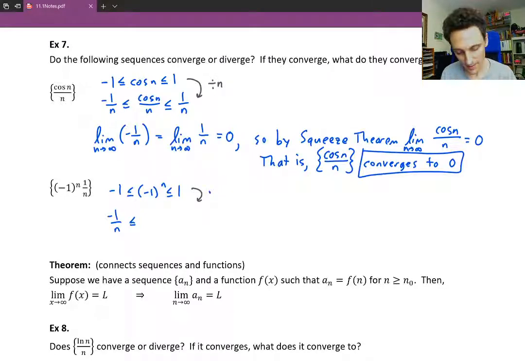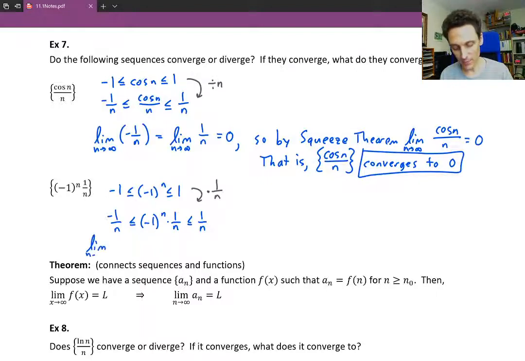It's just written over here in our sequence as times 1 over n, so I'll just make it like that, times 1 over n. So you get that our sequence is trapped between, again, negative 1 over n and 1 over n. So we can write something similar.